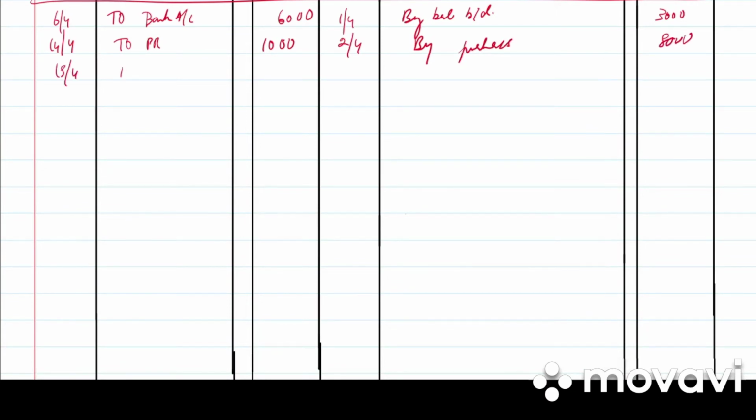Then on 15th April to cash account 3,700. And on 15th April we also have discount received account, that is 300. So there is no total, both the sides are equal, that is 11,000.